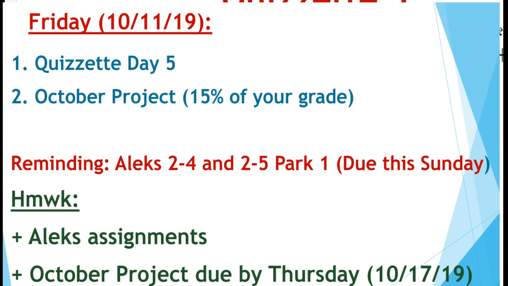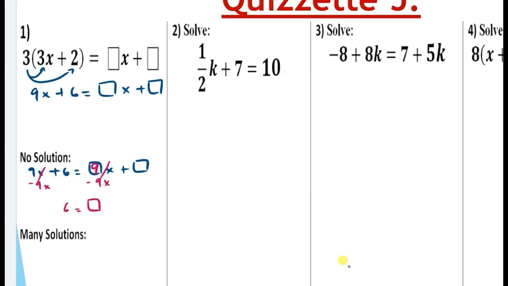So first of all, it's going to be 9 in the first box, because when you subtract 9x on both sides, x will cancel each other out, leaving you with 6 equal to a box. And we want a false statement so that there's no solution. So you can put in any number but 6. So I can put 1. So 9x plus 1 is the first answer.